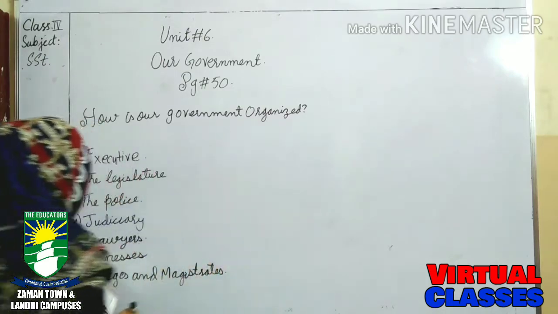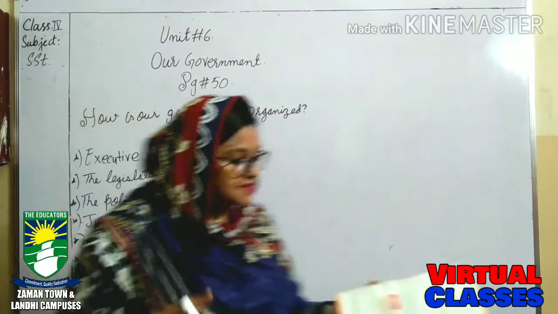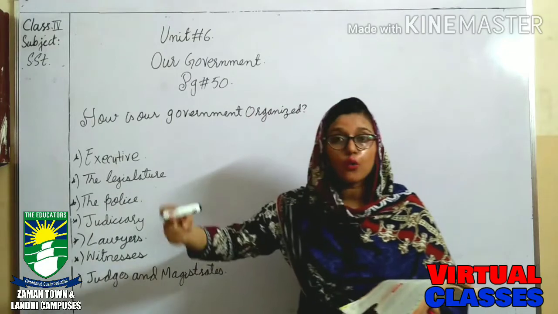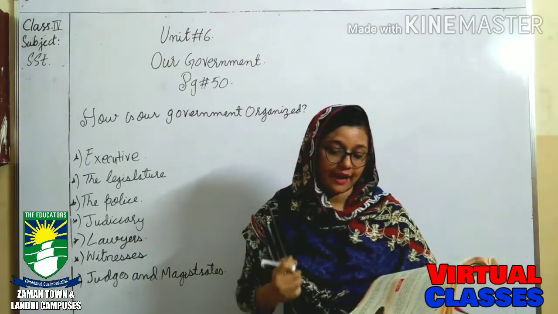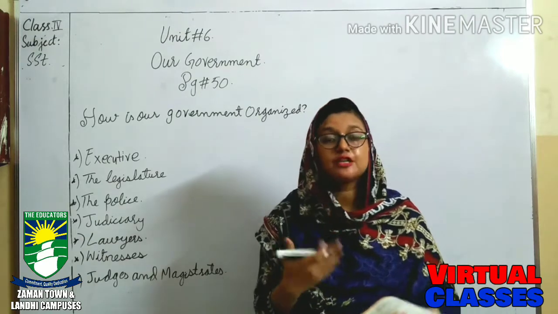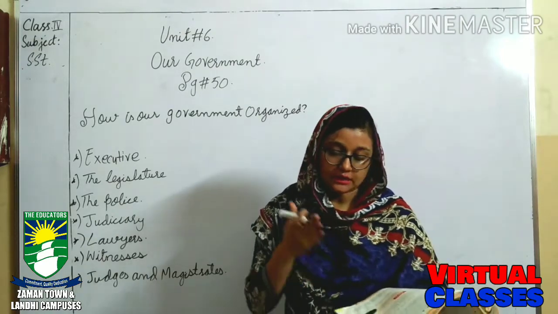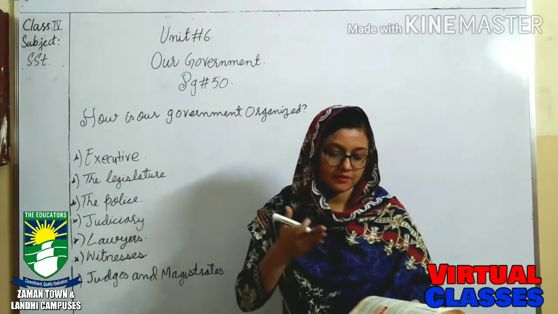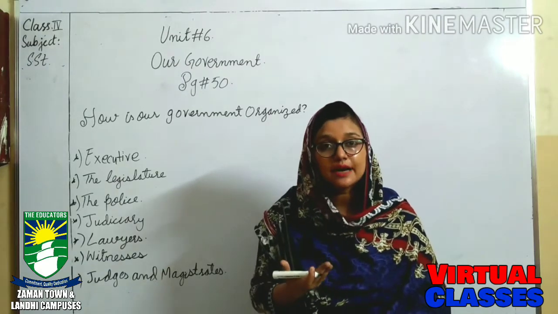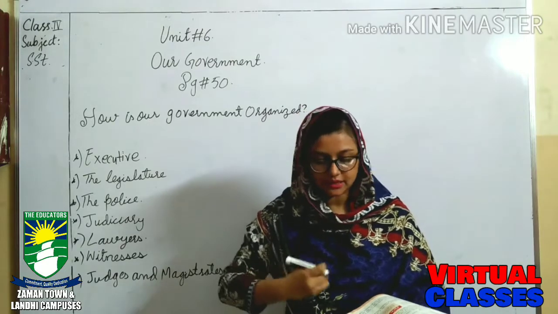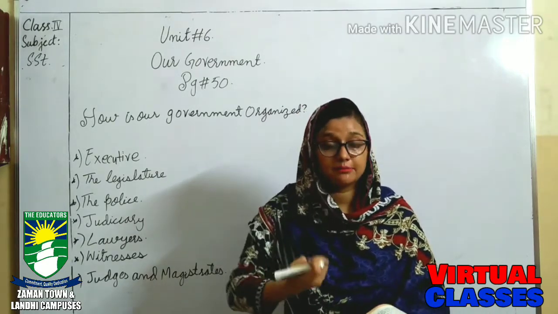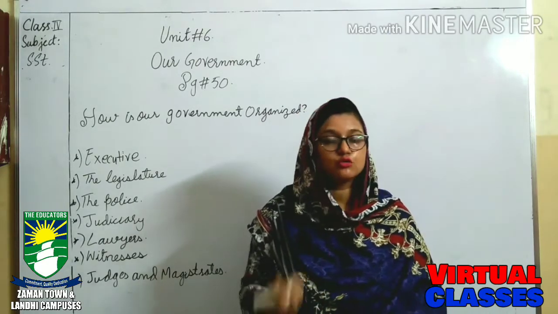If the court decides that the person sent to court has carried out a crime, they decide what the punishment will be. Now, the person who makes this decision is a judge or magistrate. The punishment might be to pay a fine or to go to prison.